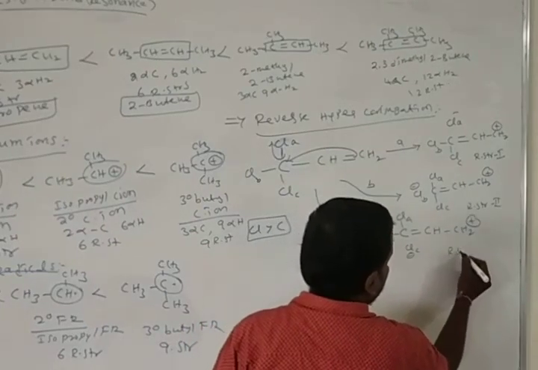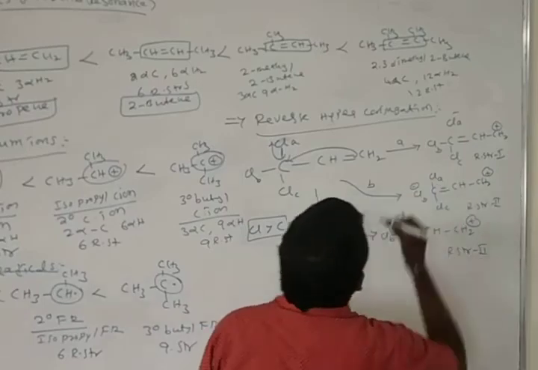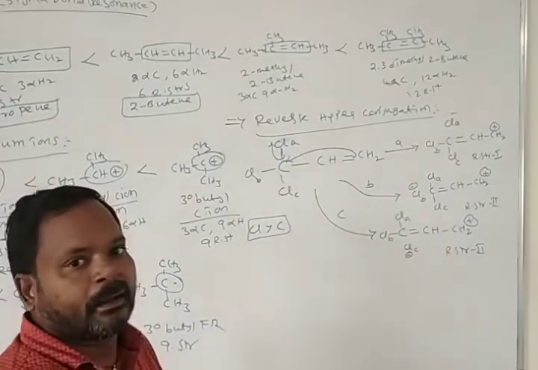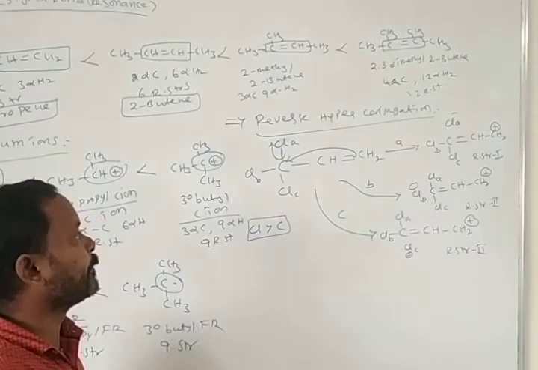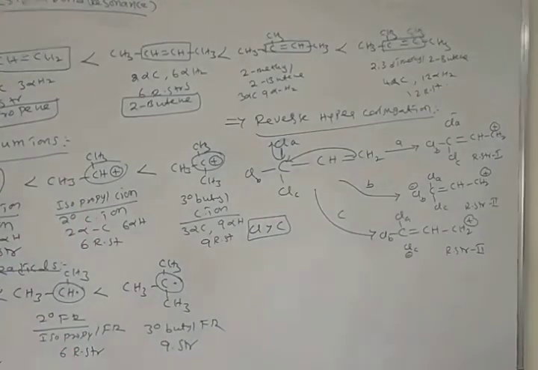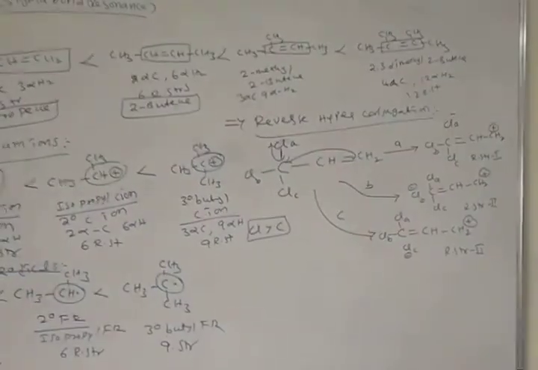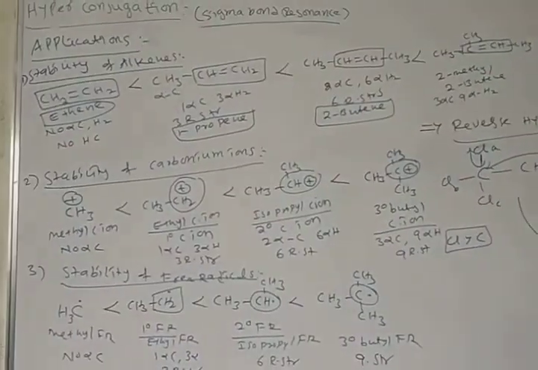This is resonance structure 3. See, it is observed opposite to hyperconjugation, so we call this reverse hyperconjugation. This is about hyperconjugation and reverse hyperconjugation.